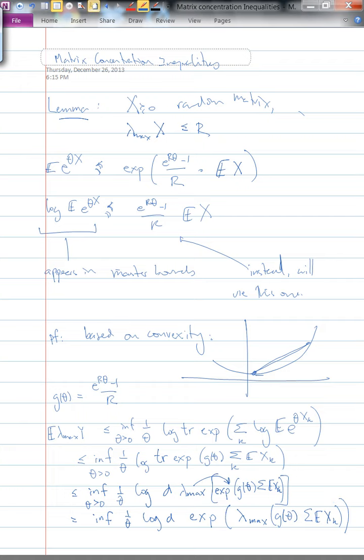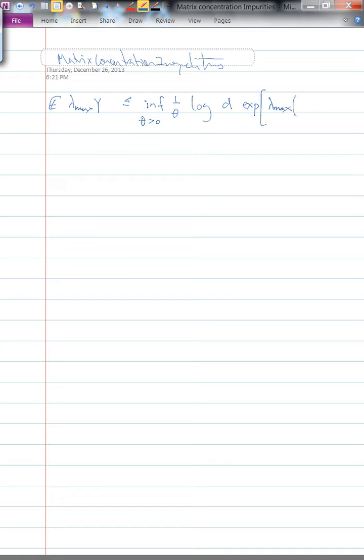Let's go to the next page. So just copying, we had that the expected value of lambda max of Y is less than or equal to the infimum over positive theta of 1 over theta log d times exp of lambda max of g of theta sum of expected value of X_k, which is exactly the expected value of Y. And lambda max is of course a homogeneous function, so g of theta can come outside, and that basically concludes the bound that we want.